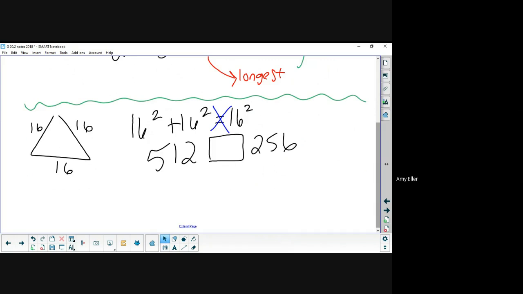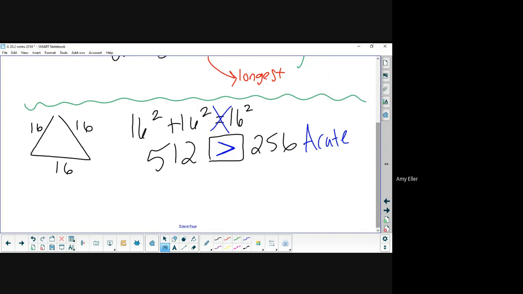Let's fill in the sign that they actually are. 512 is greater than 256. And what kind of triangle did we say this makes? Acute, right, or obtuse? Acute. Write down acute.